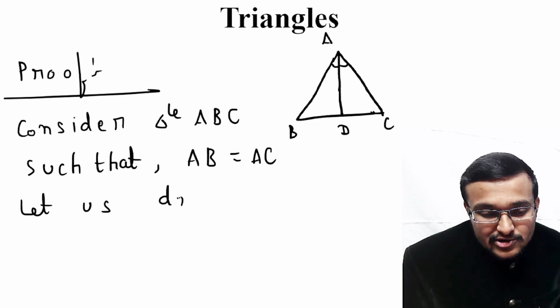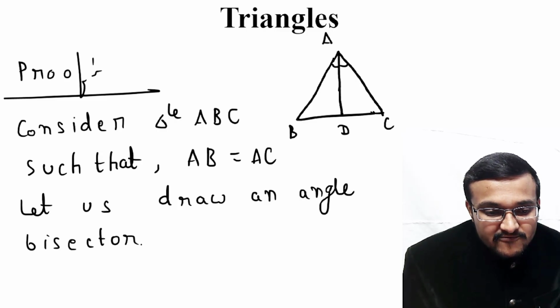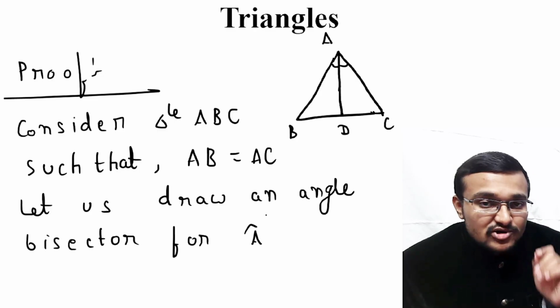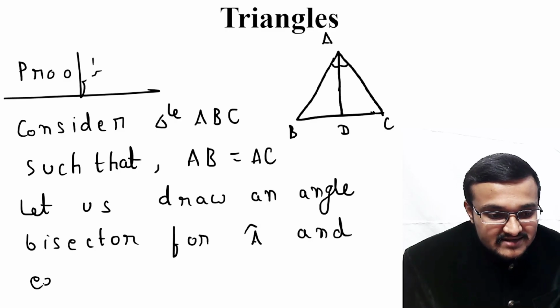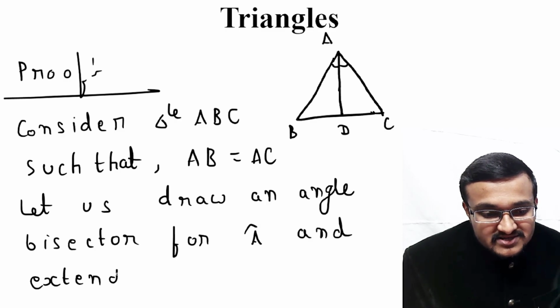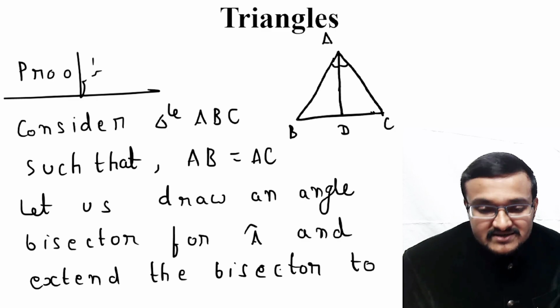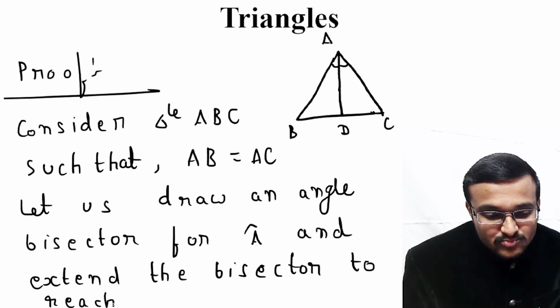Let us draw an angle bisector for angle A, and extend the bisector to reach BC at point D.